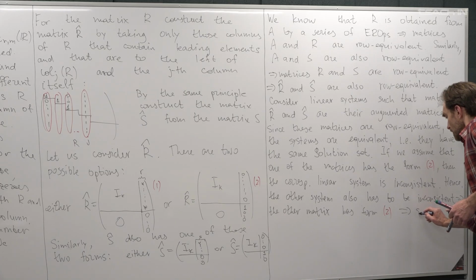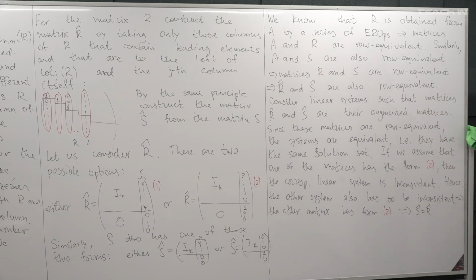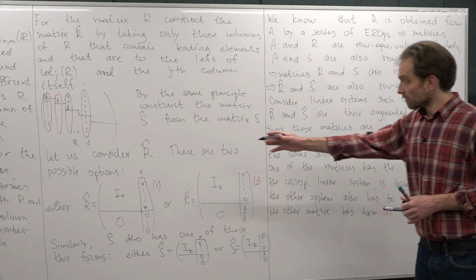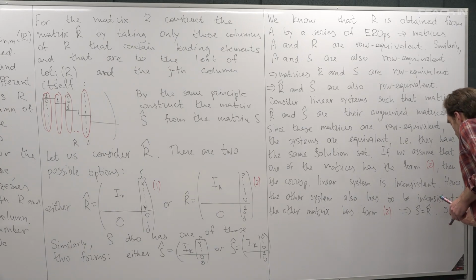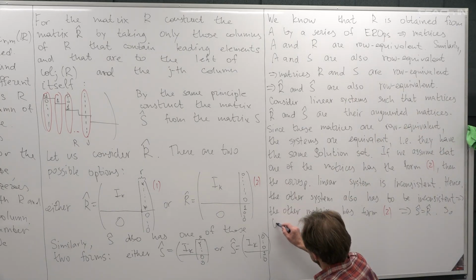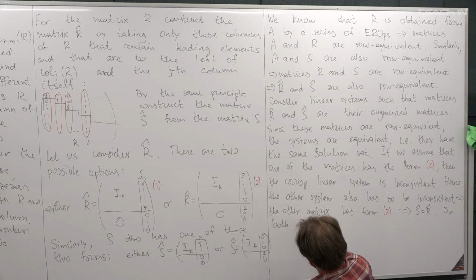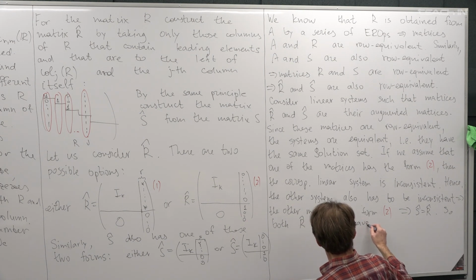So S with a hat equals R with a hat. So we come to a contradiction. So now we can claim that both matrices have the form 1. So both R with a hat and S with a hat have form 1.